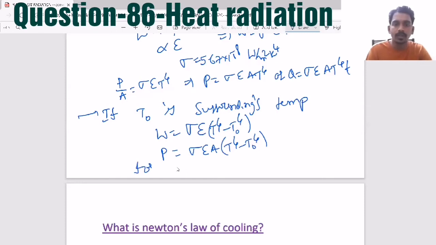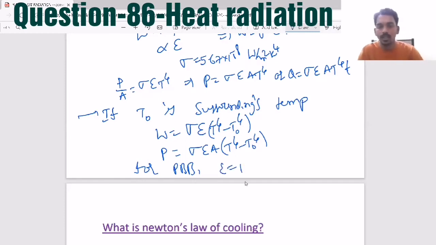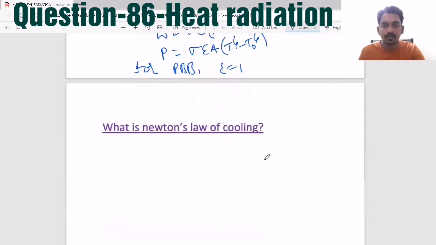But for a perfectly black body, or sometimes they will simply mention black body, epsilon will become 1. When they talk about epsilon, you consider epsilon in the equation. If they did not give the epsilon value, then you have to take epsilon as 1. That means that body is a perfectly black body.